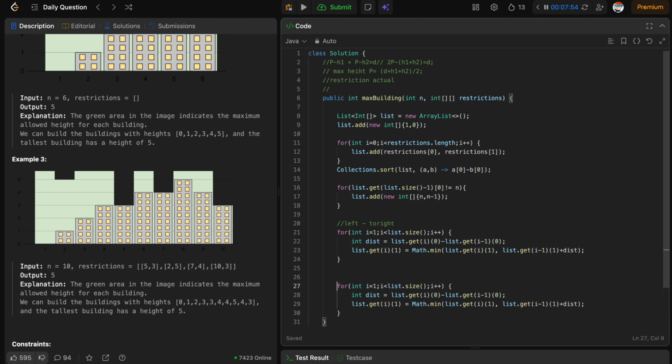We go list dot size minus 2, and it goes decrementing till it hits 0, i plus 1 distance, and i will be updated as i or i plus 1.